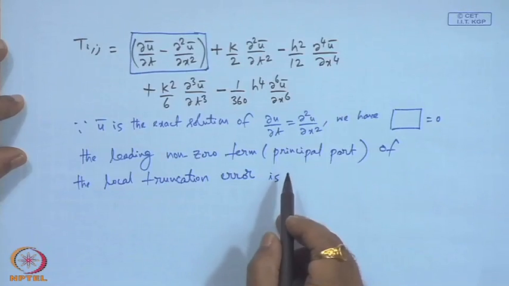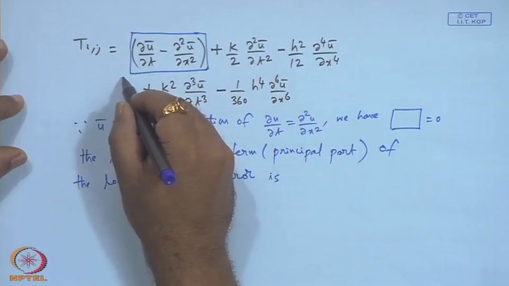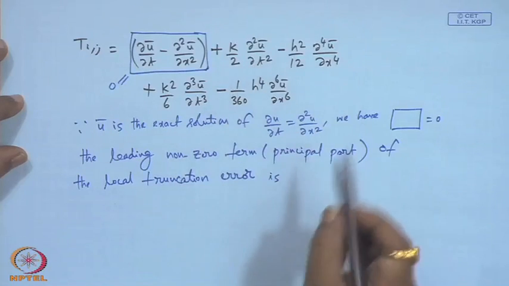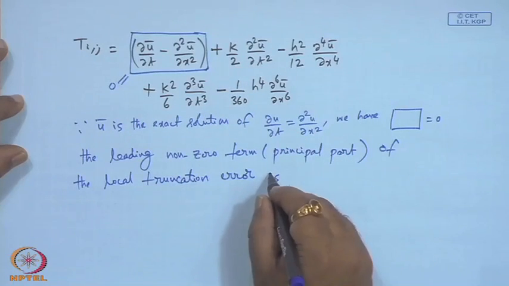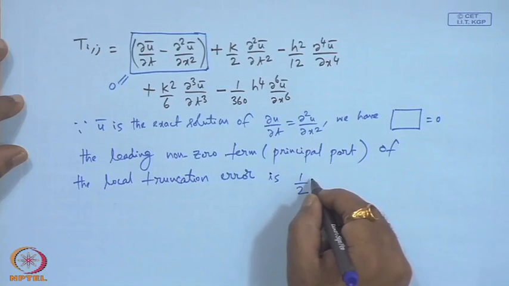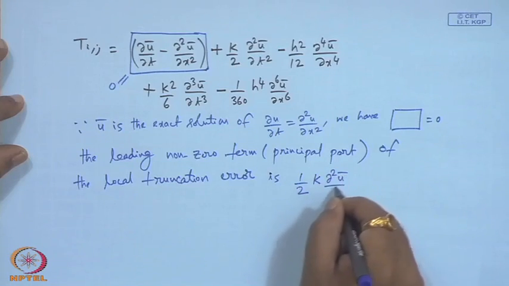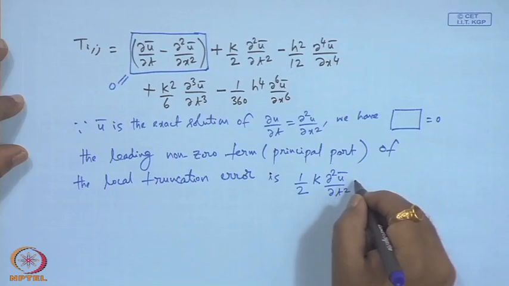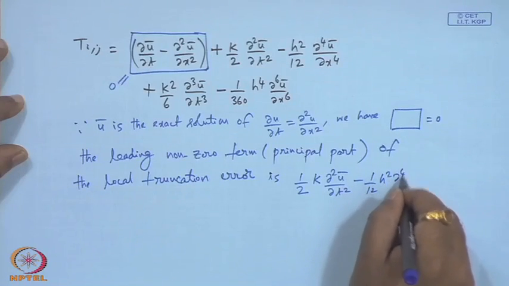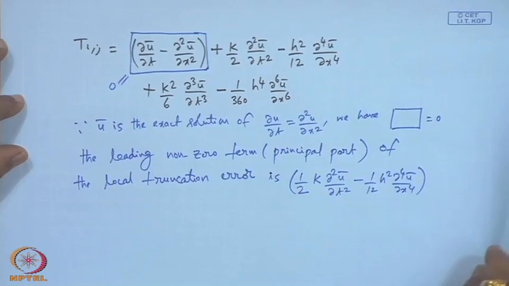Because this becomes 0, now the leading term is coming from here. So, this is the leading term.